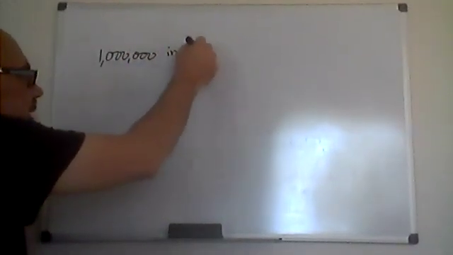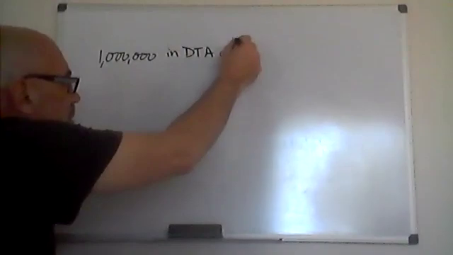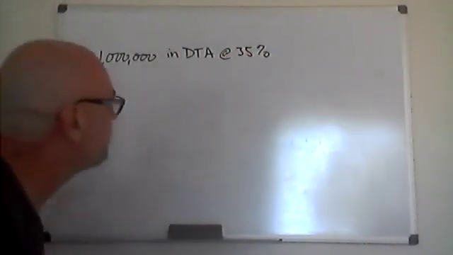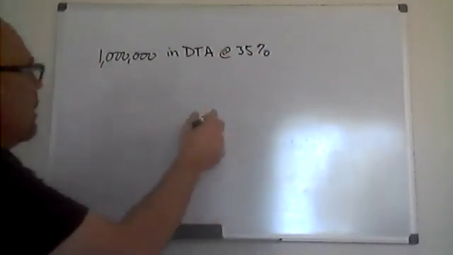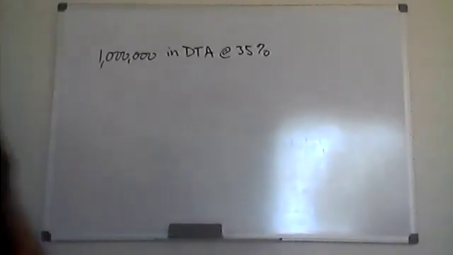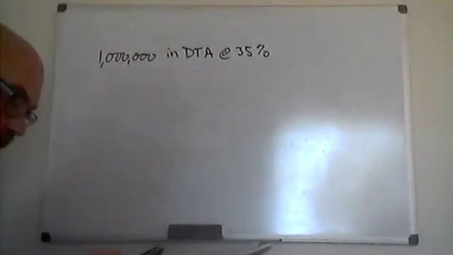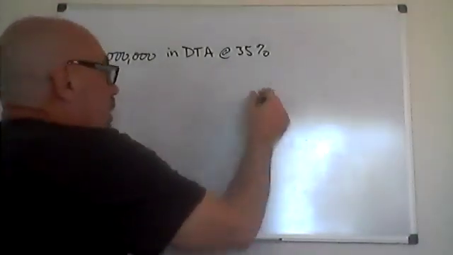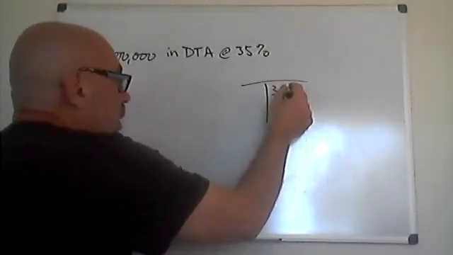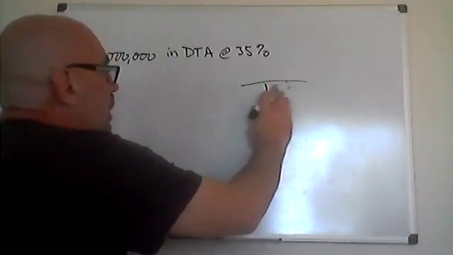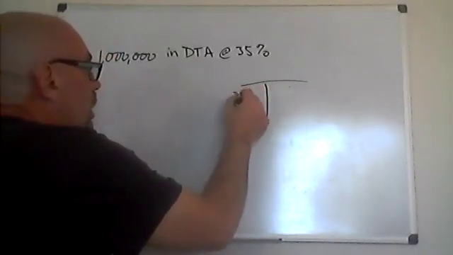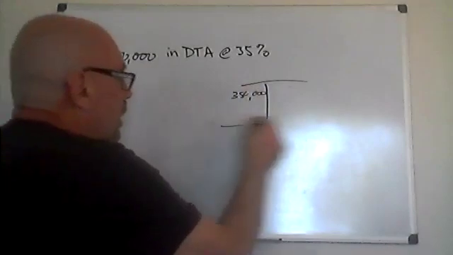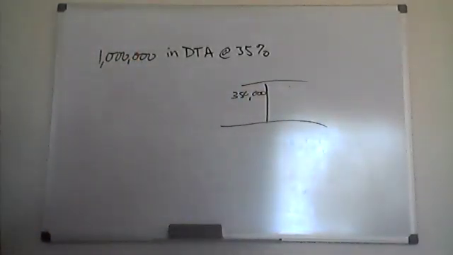If we had $1 million in future deductible amounts at 35%, I should grab my calculator. So we have $350,000 in deferred tax assets.